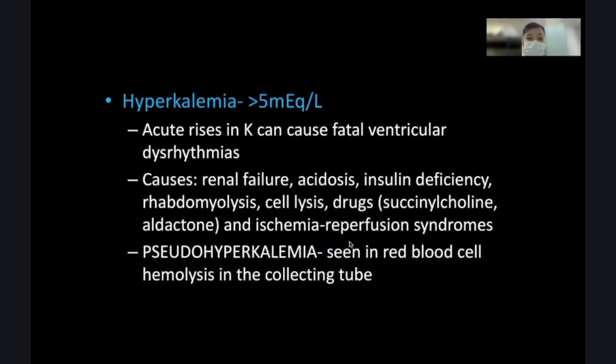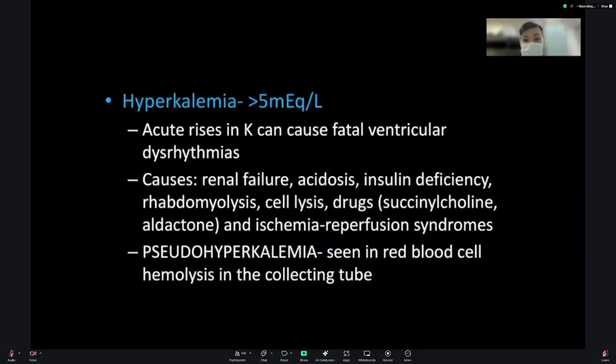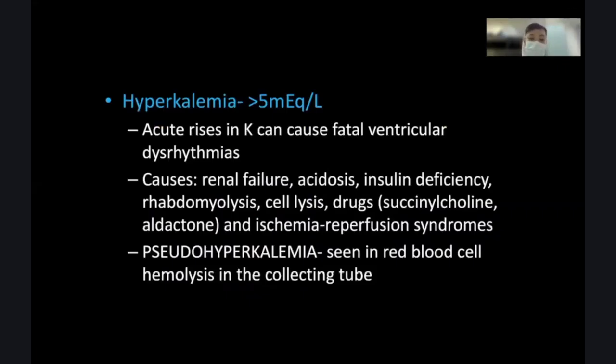Hyperkalemia, on the other hand, is interpreted as more than 5 mg per liter. Acute rises in potassium can cause fatal ventricular dysrhythmias. That's why I said earlier, when you're correcting potassium deficit or hypokalemia and you're doing fast correction, you have to hook your patient to a cardiac monitor.